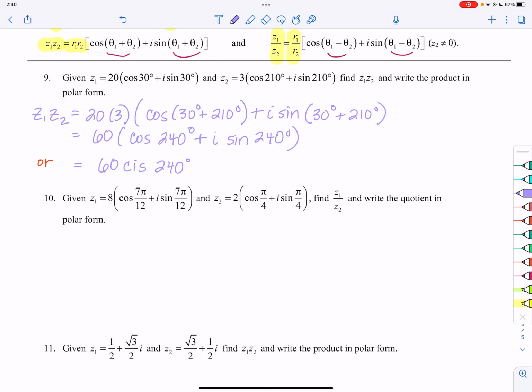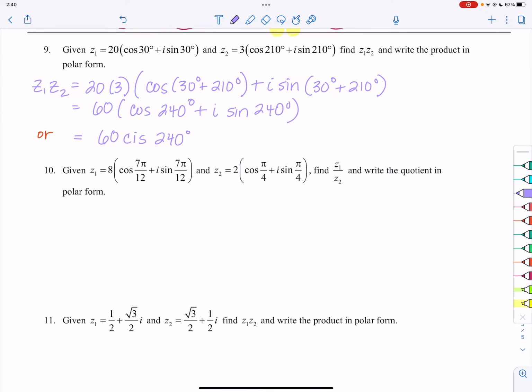Okay. What if we're given z1 and z2 as shown and we want to find the quotient? So we will have z1 divided by z2, and that's going to be 8 divided by 2. So we'll divide their r's, and then we'll have the cosine of these angles subtracted plus i sine of these angles subtracted.